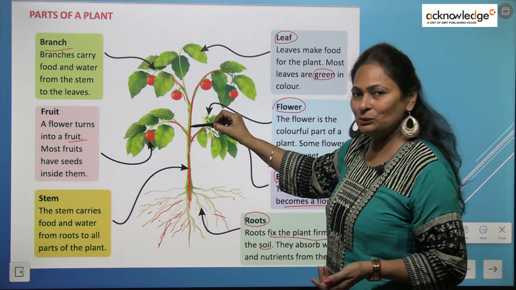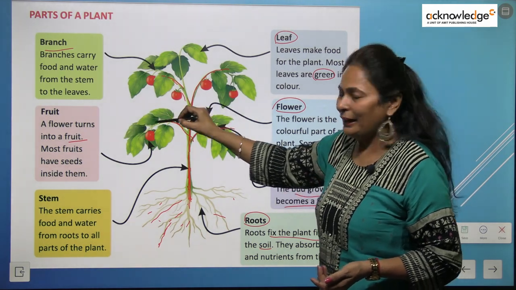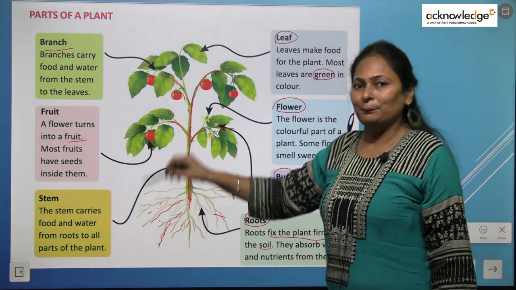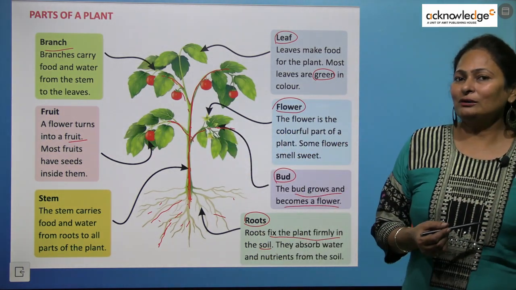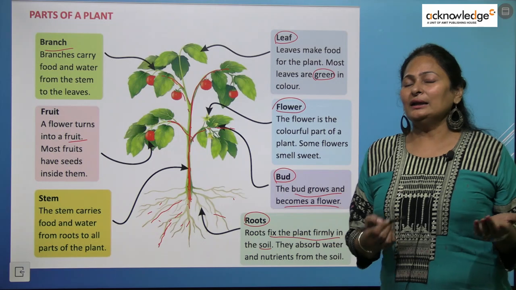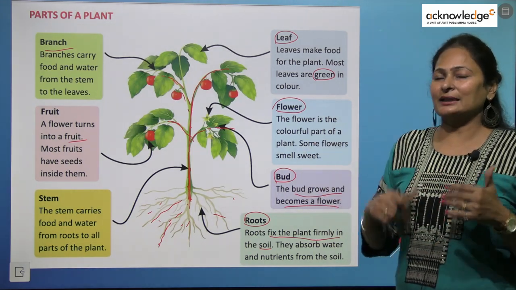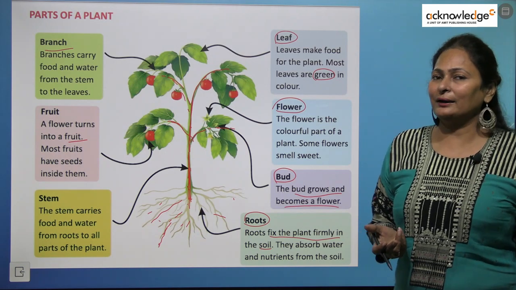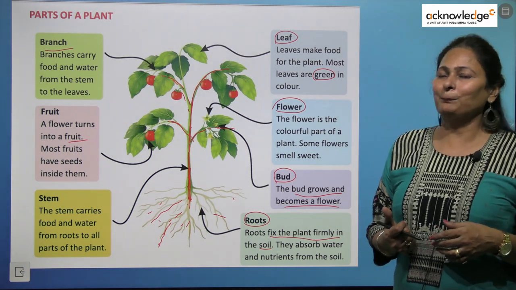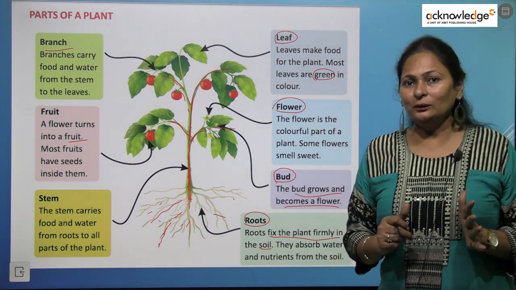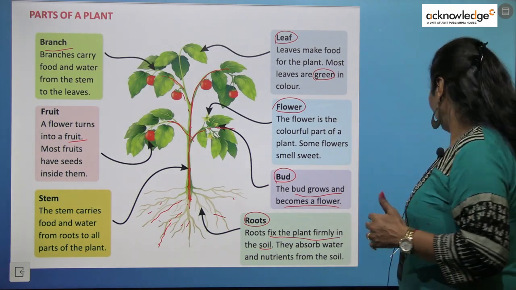It is transferred to stem and stem transfers these water, minerals and nutrients to the branches, and now these branches will take this food to the leaves and then leaves will prepare the food for the plant. Right kids? Have you understood? Any doubt? Very good. No doubt.